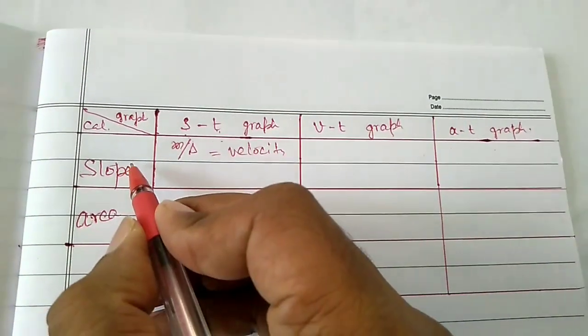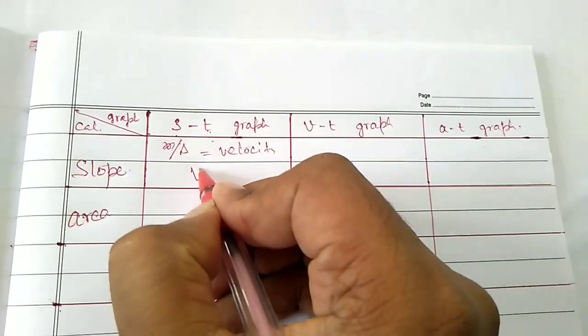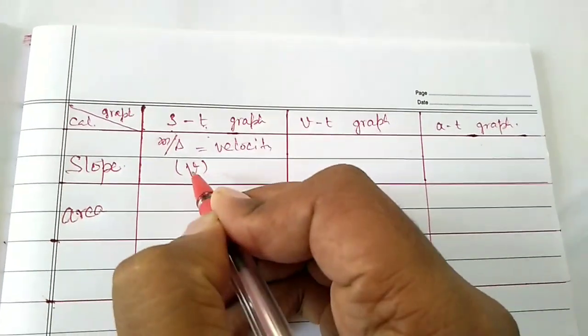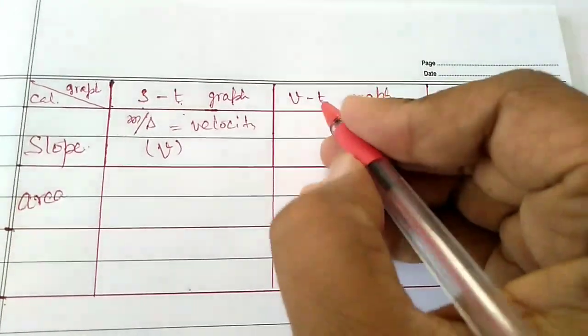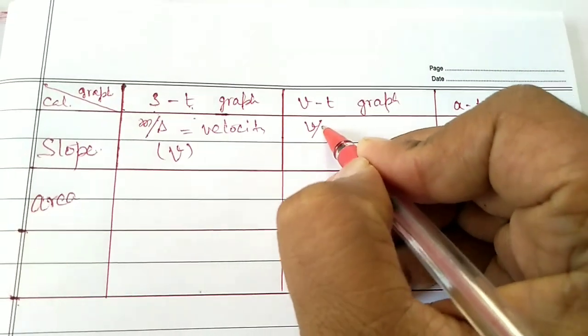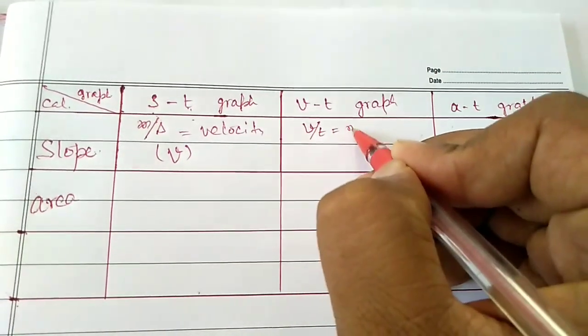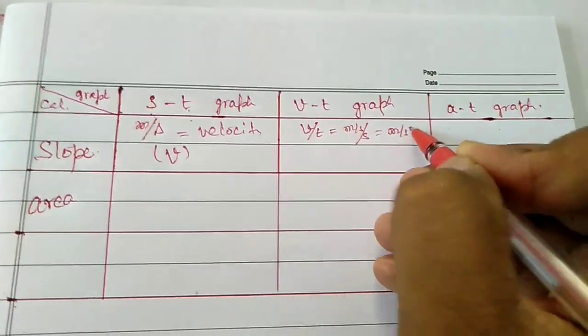So if you are calculating the slope of ST graph, you are actually calculating velocity. Same way if you are calculating the slope of VT graph, slope means velocity on the y and time on the x. So meter per second divided by second becomes meter per second square.